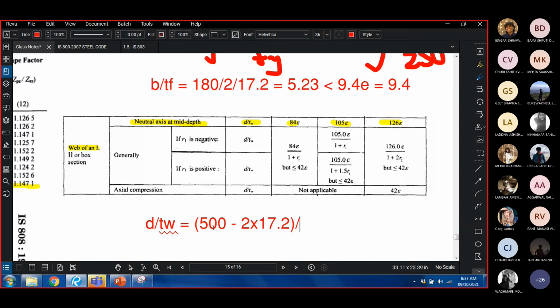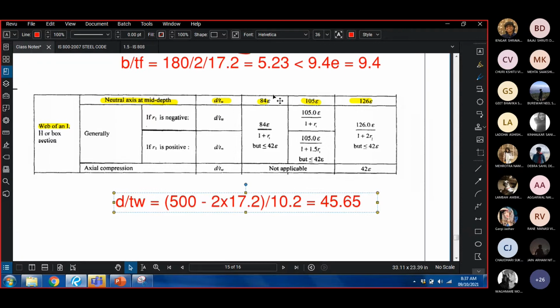This is divided by the thickness of web, which is 10.2. Now this number turns out to be 45.65. We have to compare it with 84 epsilon, 105 epsilon, 126 epsilon. Epsilon is 1, therefore these values are nothing but 84, 105 and so on. So this is less than 84 epsilon, which is equal to 84.